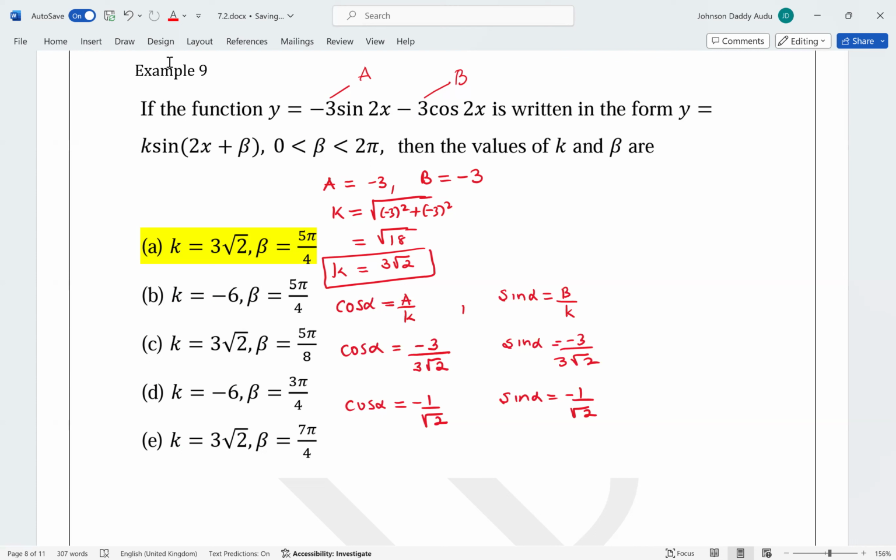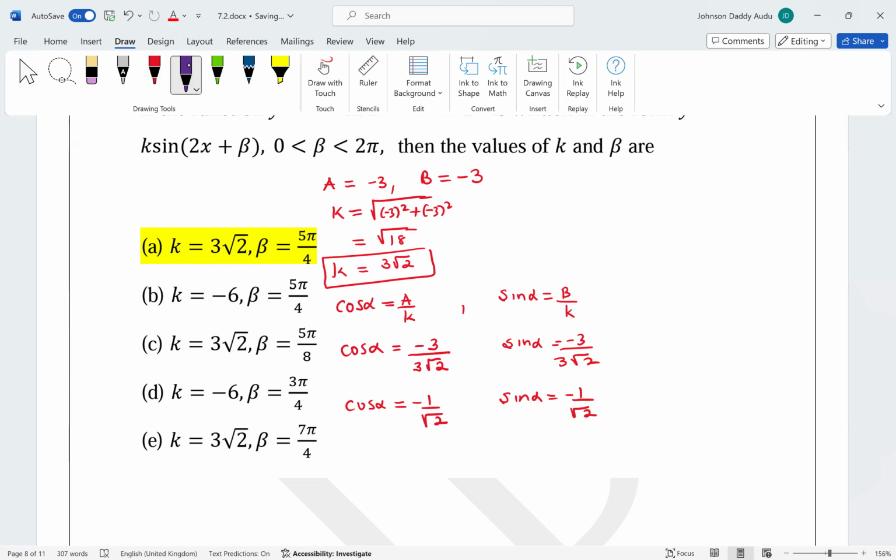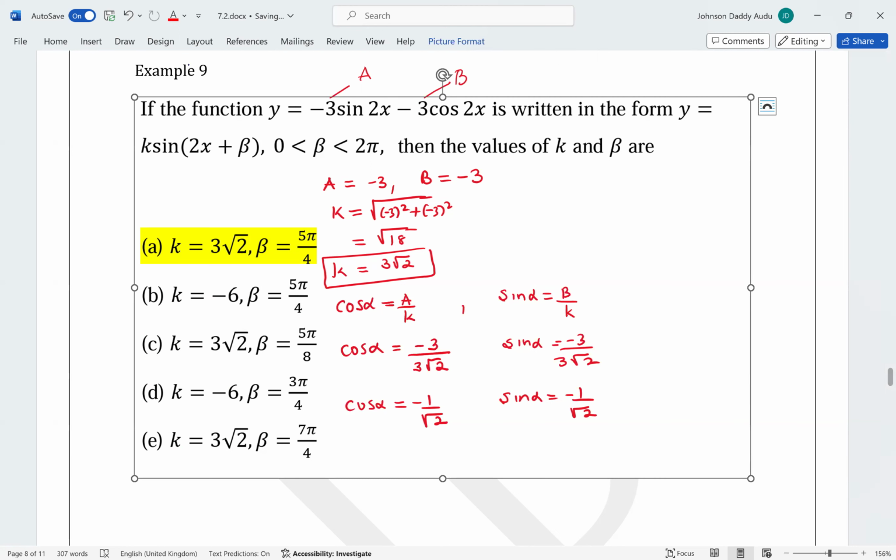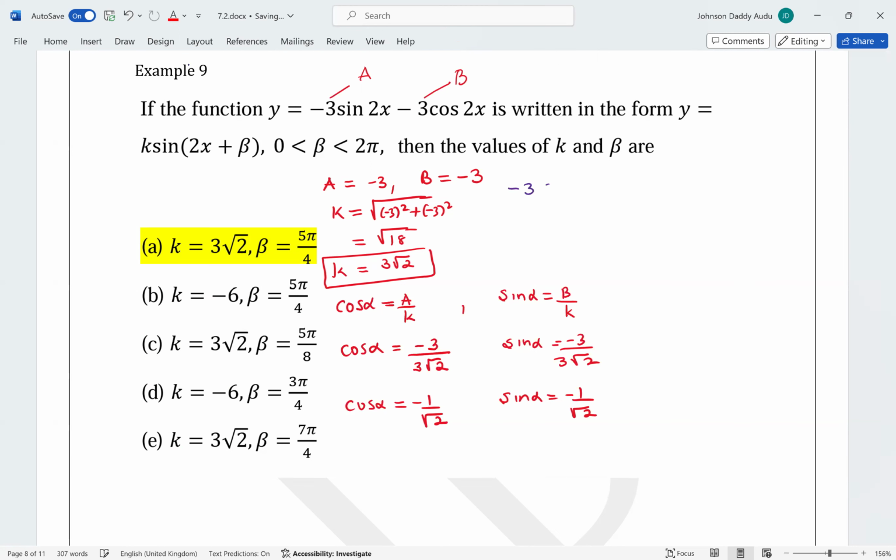Now, one thing we should note is this one. Remember, this is what we're given: minus 3 sine 2x minus 3 cosine 2x. This we can write as k sine. Now, this is not x, this is 2x, so we're going to have 2x plus beta. So in the place of alpha, actually, we should be using beta.